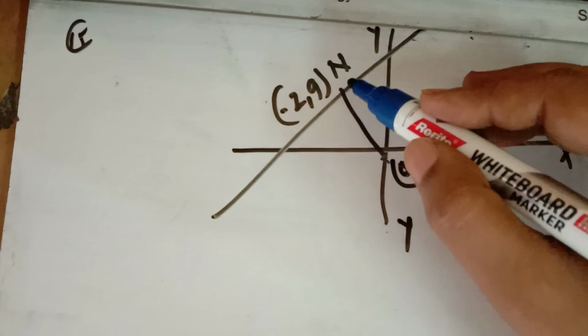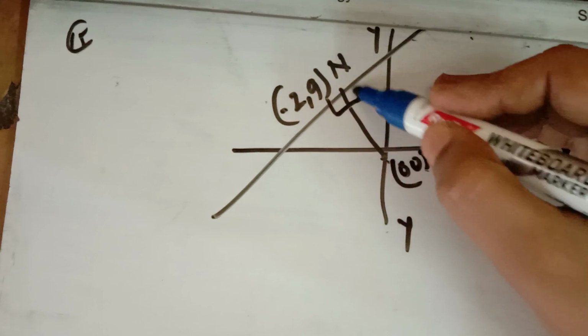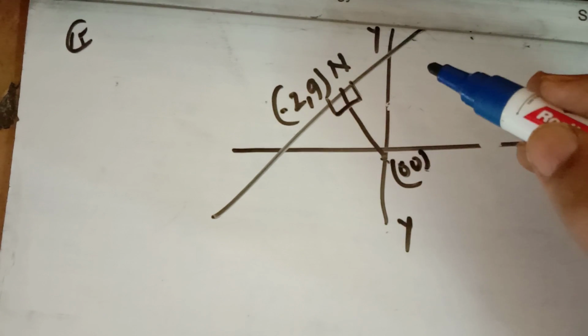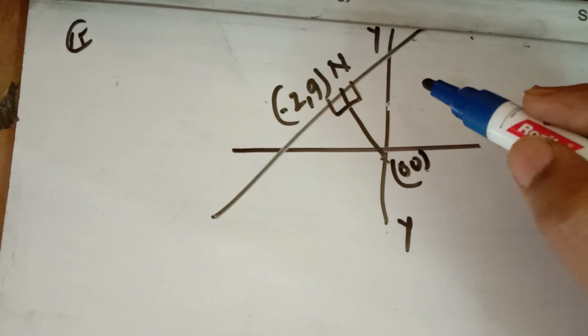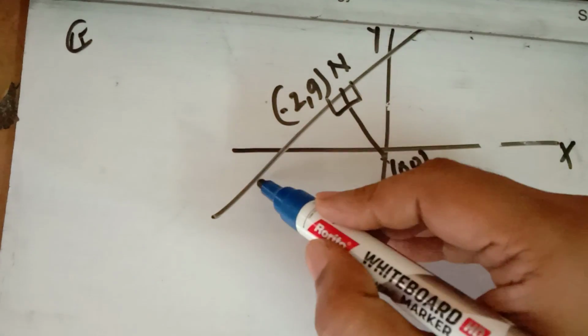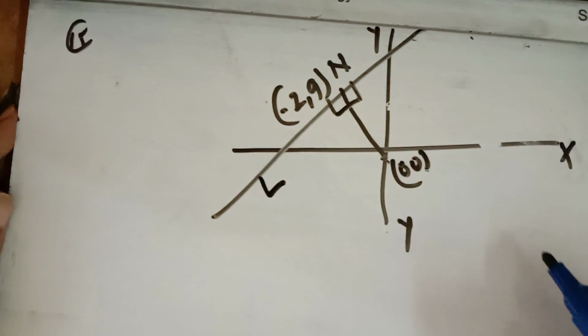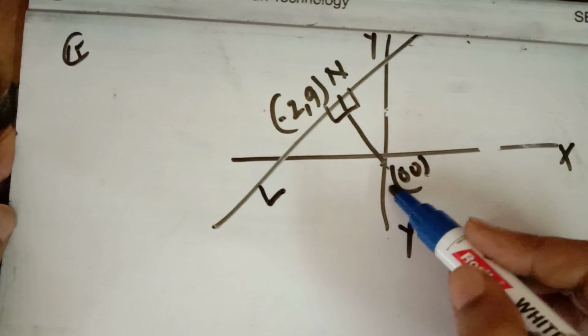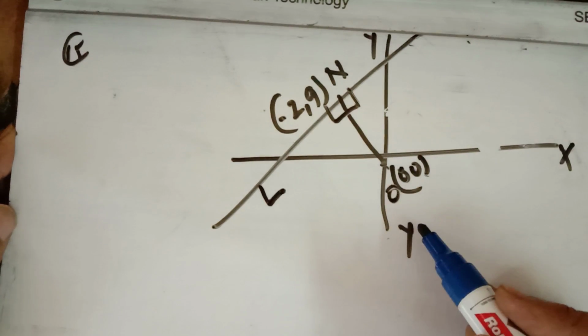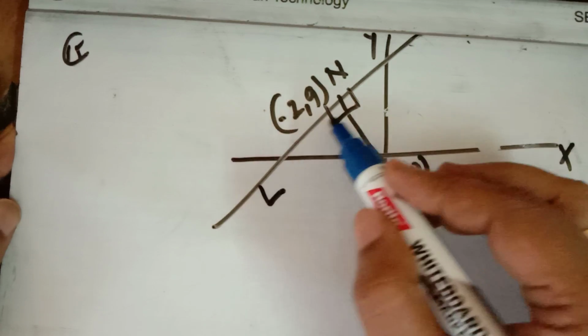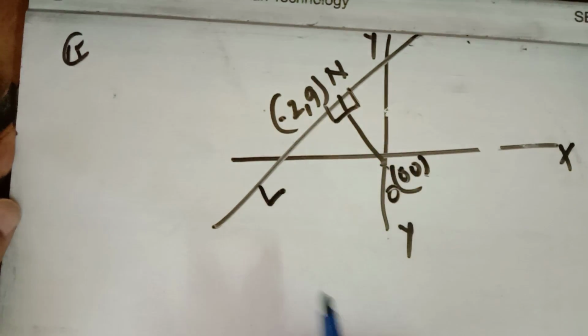The point (-2, 9) will be in the second quadrant, and this is the perpendicular given. So you have to find the equation of the line. I am calling this line L. Now you can easily find the slope of ON, which will give the slope of the line L, and the line is passing through the point (-2, 9). So you can easily find the equation of the line.